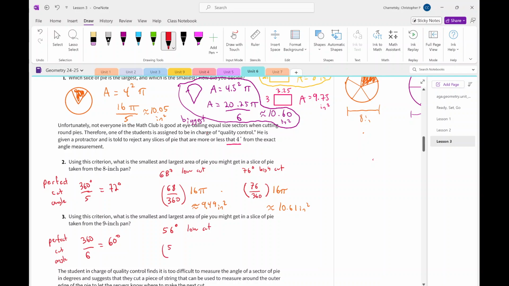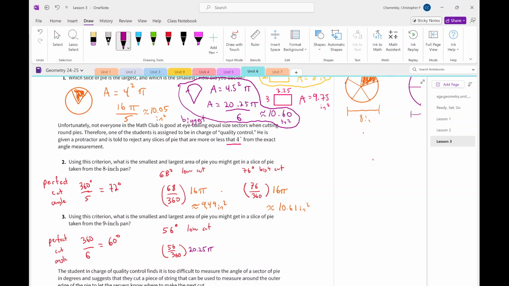So 56 out of 360, multiplied times the area of the big pie, which is 20.25 pi. And we can just use our calculator to get that answer. So 56 divided by 360 times 20.25. And I get about 3.15. That does not seem right.